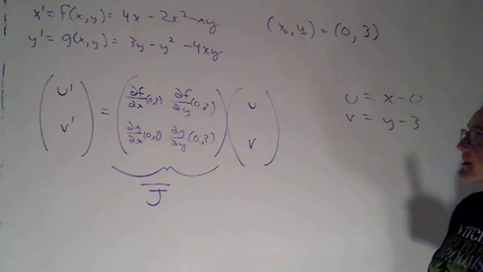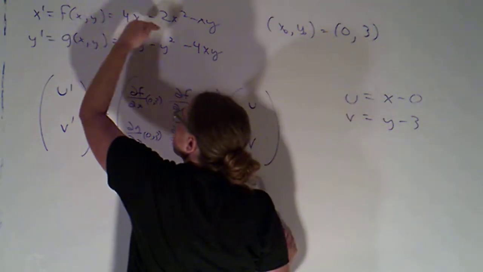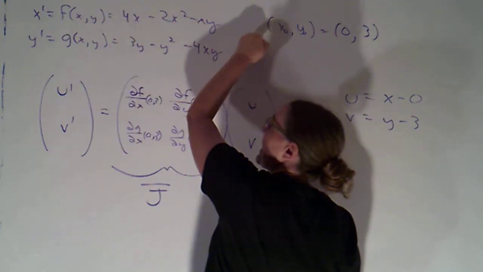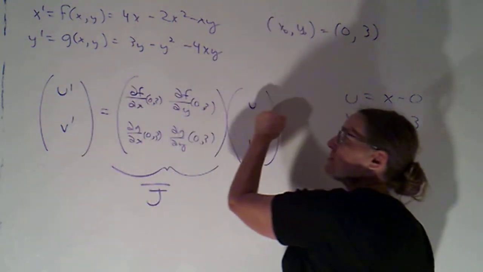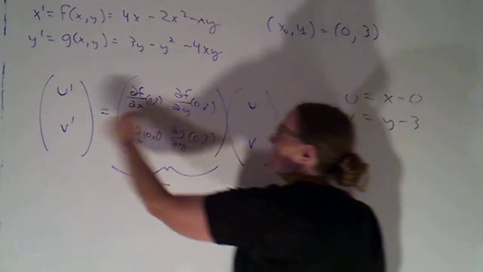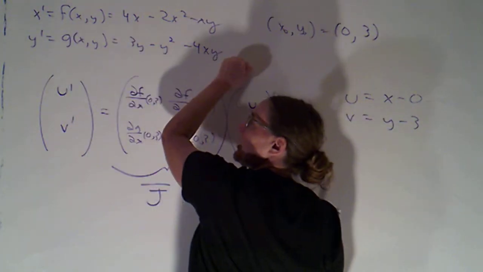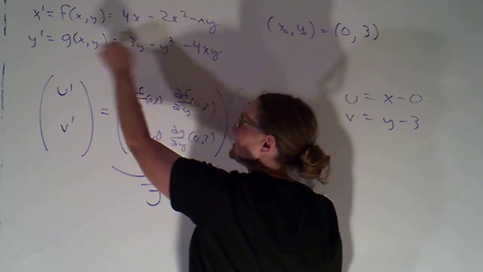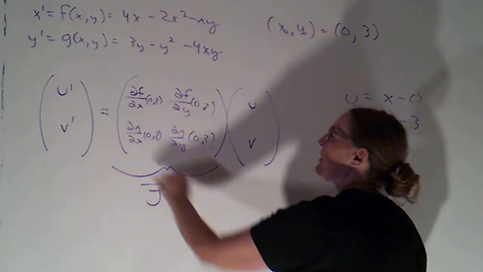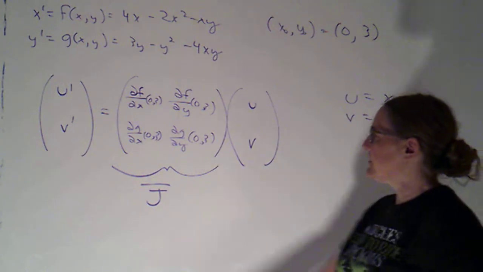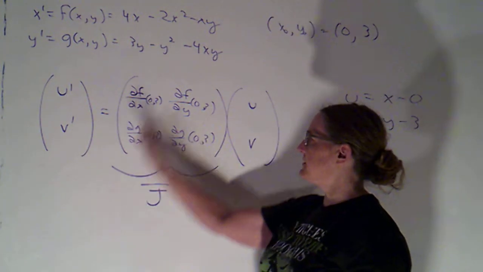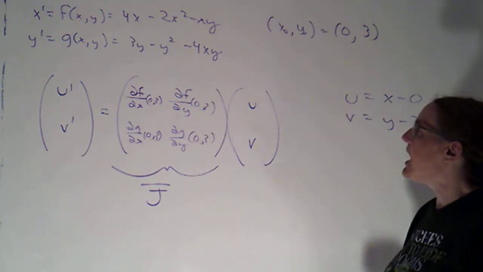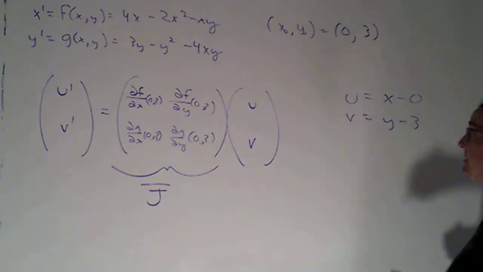Okay. But essentially, this function f was giving us our x prime values. Those derivatives go in my first row. The function that was giving me my y prime values goes in the second row, and then we always just go in alphabetical order, x and then y. Okay. All right, so let's go ahead and calculate those.